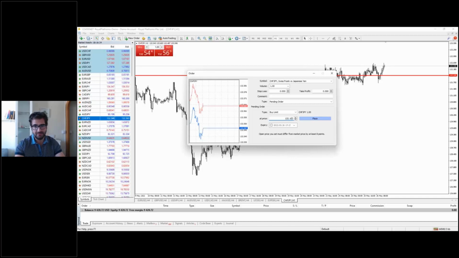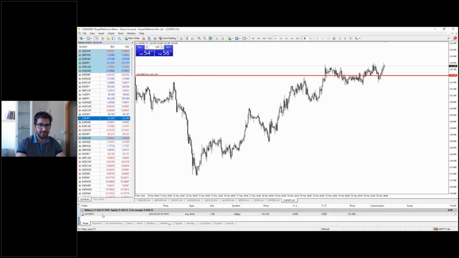Once the market retraces, you will be in a buy order at this level. You will see the pending order below the balance section. Usually the open ones are to the upside, the limit orders are to the downside. Then you will wait here until the market retraces.